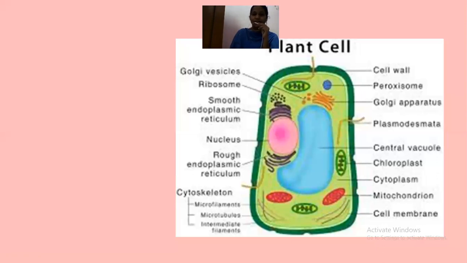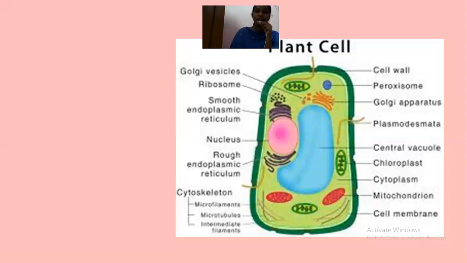There are many others like glyoxysomes, amyloplasts, etc., but mostly the plant cell's peculiar characteristic cell organelles are chloroplasts, large vacuoles, peroxisomes, glyoxysomes, and amyloplasts. The presence of a cell wall is also another important characteristic feature of the plant cell.